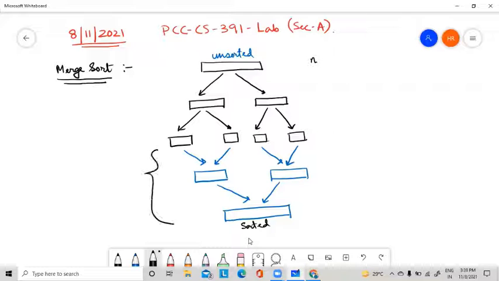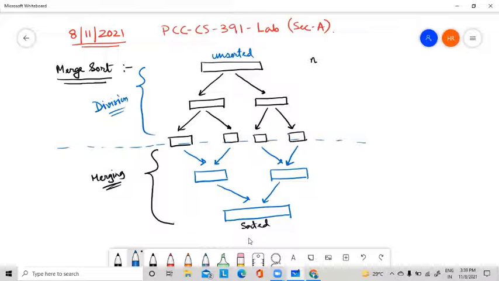This part is purely called merging, and this part is purely called division. So up to this you have to perform the division operation. Then when it becomes a single element, you have to perform the merging operation. So this is called merge sort. Now how to divide?